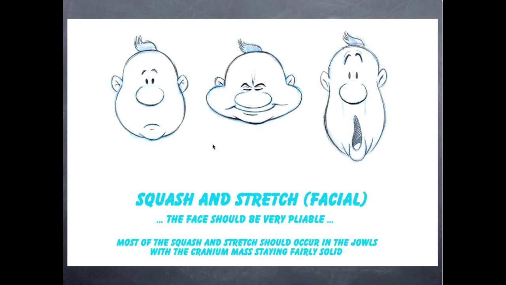Then here's another simple example. If we think of this as basically two ball masses, the skull and then the jaw area, we can see how this squash and stretch is applied on a simple double take of this character or startled expression. Now, if we were to go from the default pose to the expanded or startled pose, it's a pretty good move from one pose to the other.